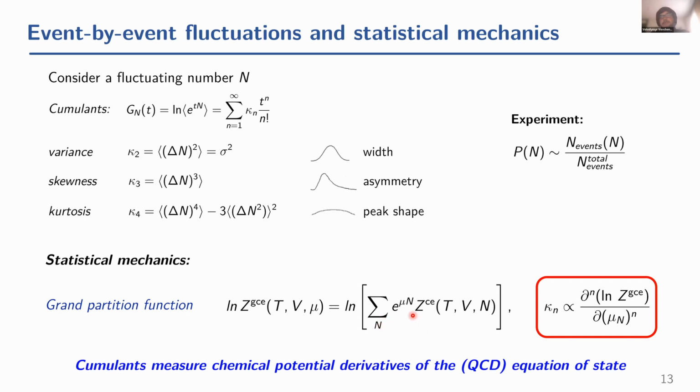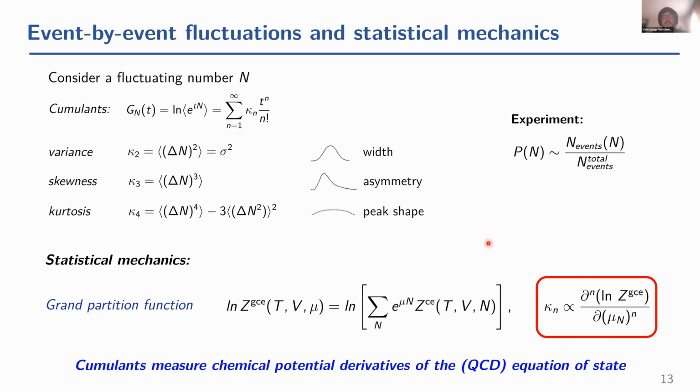And the so-called chemical potential plays the same role as the variable t in the cumulant generating function, which implies that cumulants of fluctuations of conserved charge in the grand canonical ensemble are nothing else but the derivatives of the equation of state with respect to chemical potential. Therefore, cumulants are a way to measure chemical potential derivatives of the equation of state.